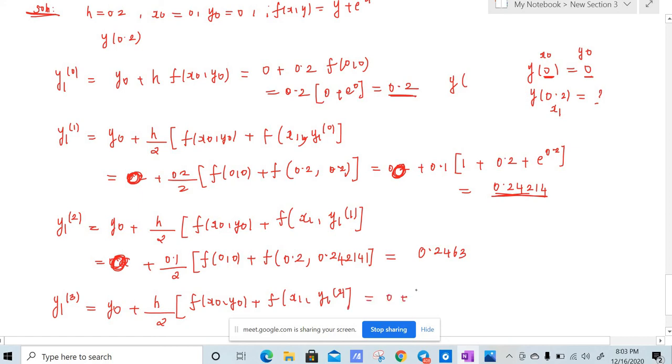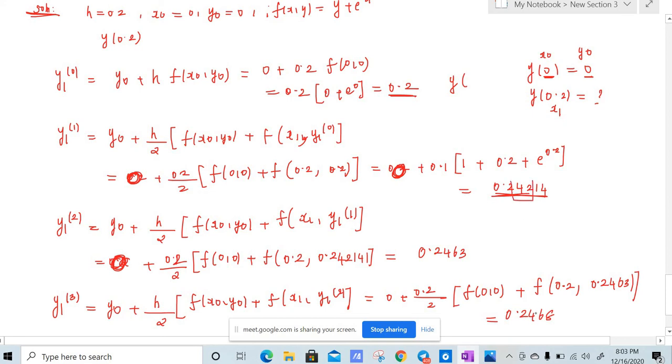This will be 0 plus 0.2 divided by 2 into f of 0 comma 0 plus f of x1 is 0.2 comma y1 of 2 is 0.2463. So y1 of 3 will be 0.2468, right? 0.2468.